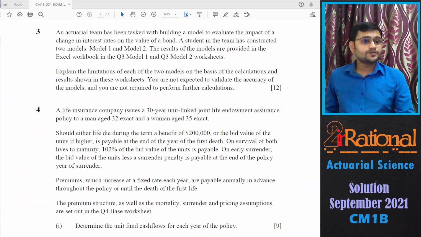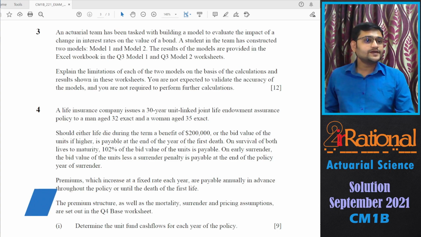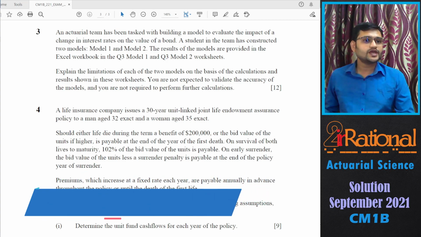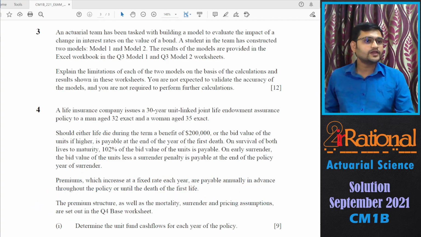Let's read question number 3. An actuarial team has been tasked with building a model to evaluate the impact of a change in the interest rates on the value of a bond. A student in the team has constructed 2 models, Model 1 and Model 2. The results of the models are provided in the Excel workbook in the question 3 Model 1 and question 3 Model 2 worksheets.